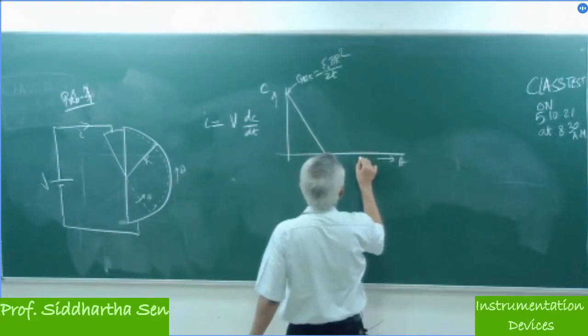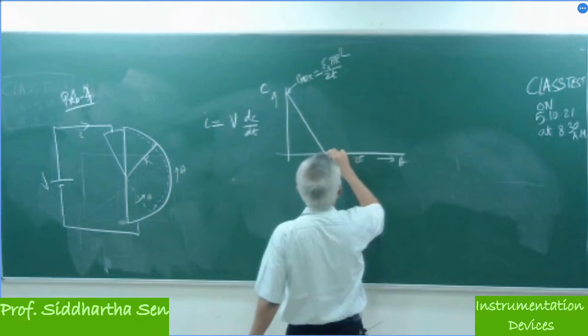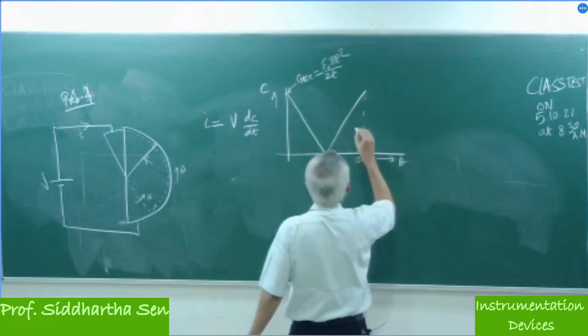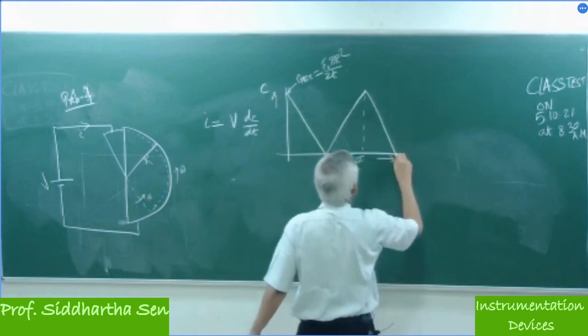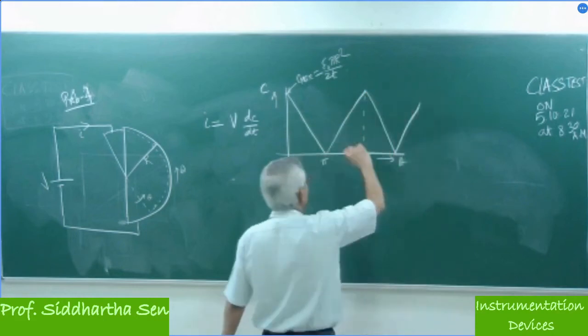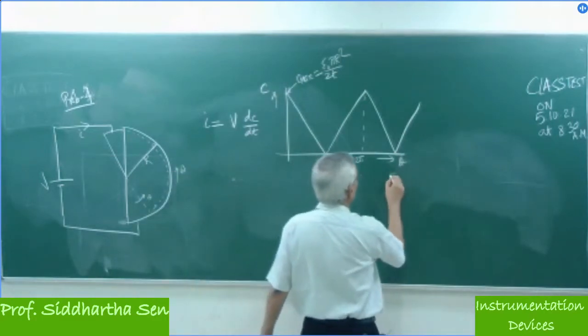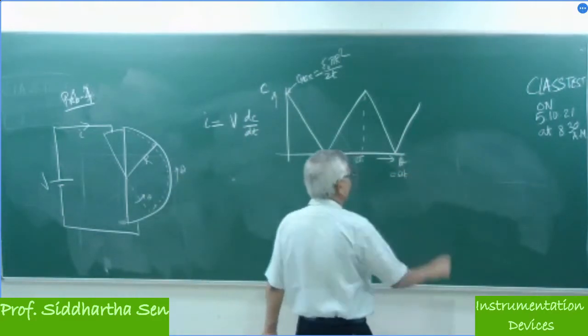Again at pi, 2 pi, the value will be like this. Similarly, it will be going like this as theta increases, and theta is nothing but omega into t.